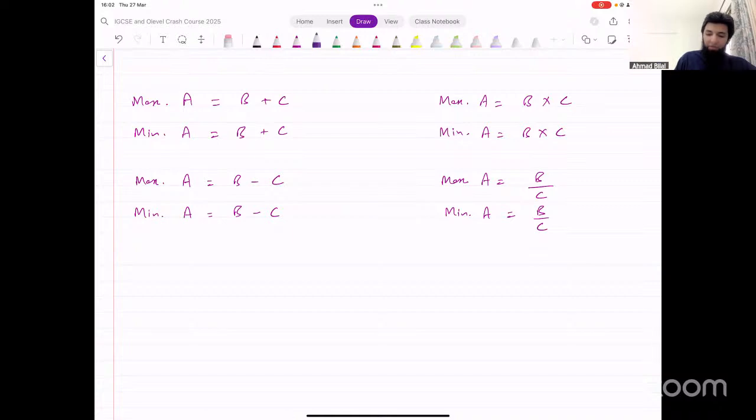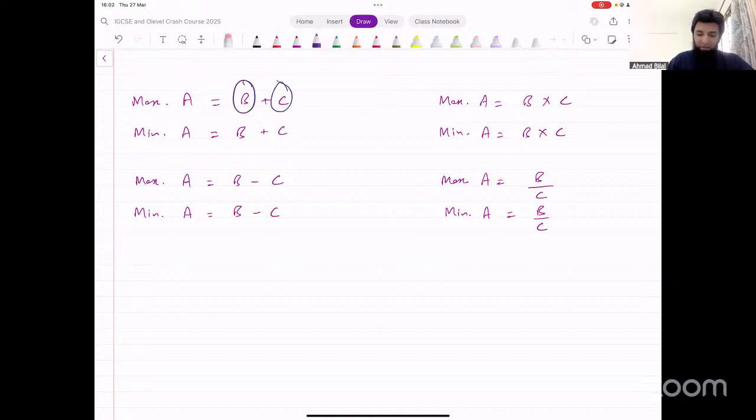Okay. Now, if we had a quantity A equal to B plus C, if we want to maximize that quantity, what would be the maximum possible value of A? How would we maximize A?